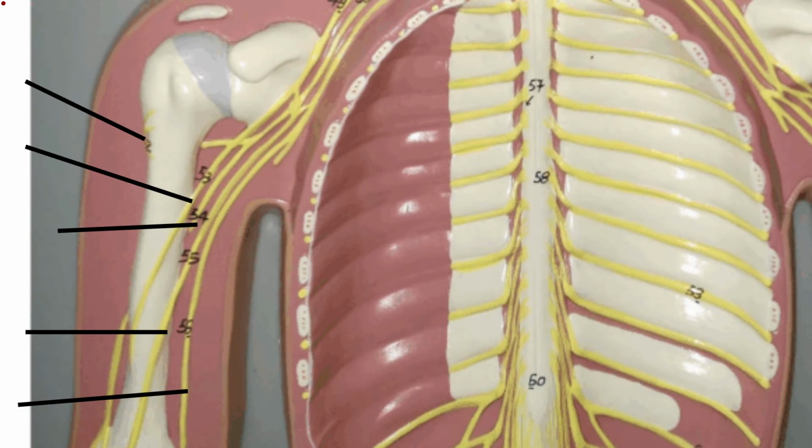Okay, let's look at some of these that come off of the brachial plexus. We have the axillary nerve. We have the musculocutaneous nerve.